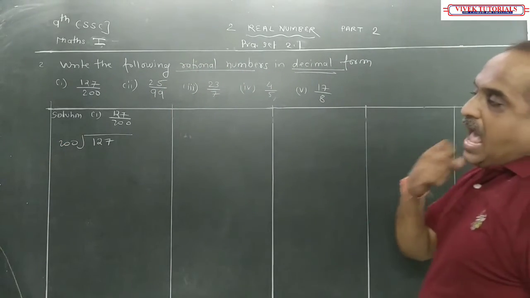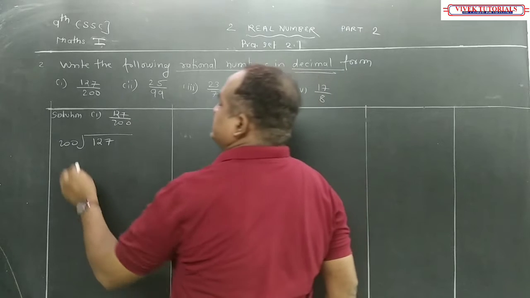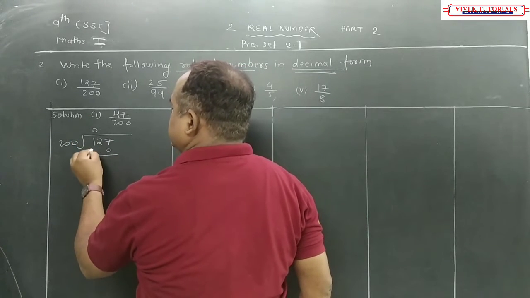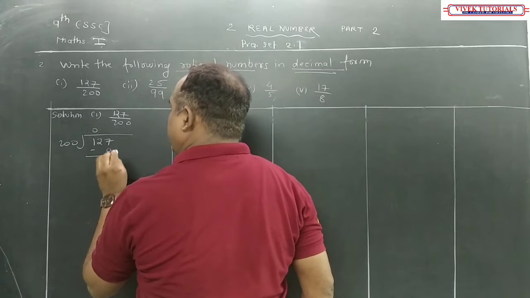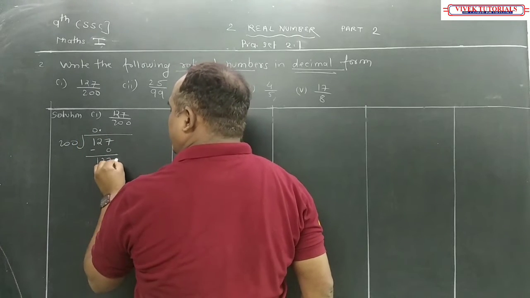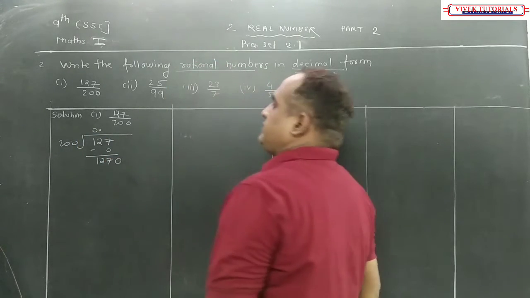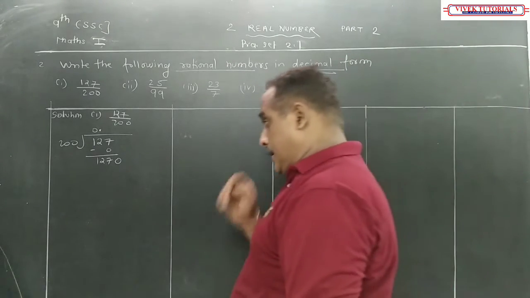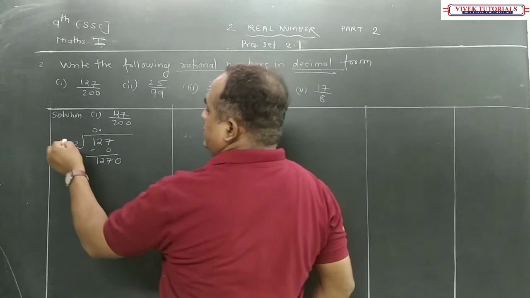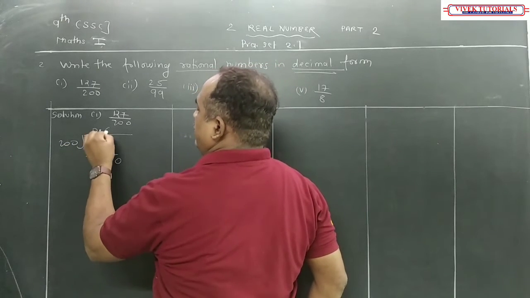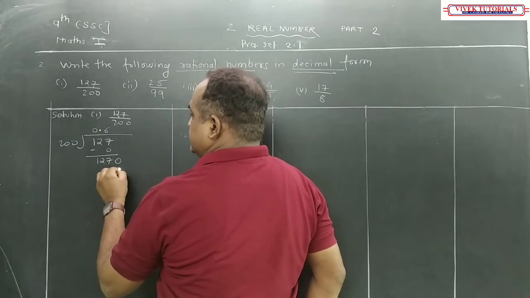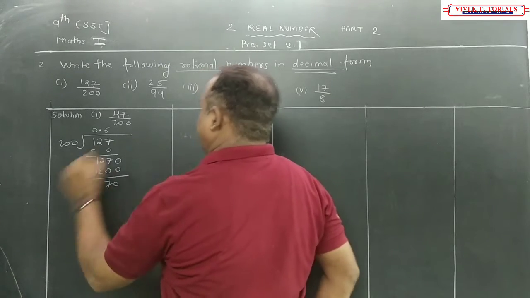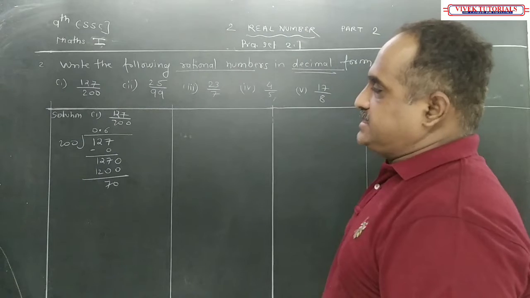As 127 is less than 200, I will take it as 0. 0 point 127, and as you put 0 it will become 1270. Now we know that 2 6s are 12, so 0 0 12, it becomes 70.